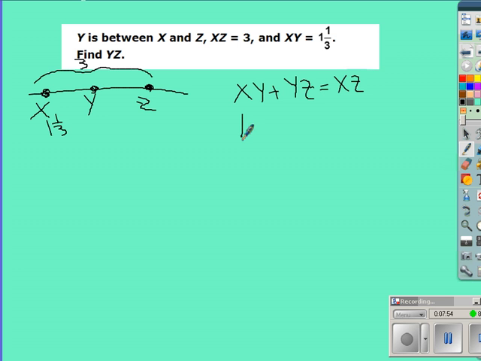XY is 1 and 1/3. YZ, I don't know YZ, so I'm just going to put YZ. And XZ is 3. So to solve this, I'm going to subtract 1 and 1/3.